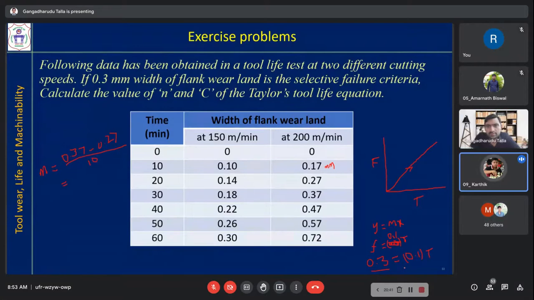Like that, if we see... Okay, one minute, sir, I'll verify and I'll tell. So somebody has told it is 0.3. How did you get 0.3? No, sir, it was wrong, sir. It's 0.1 only, sir.